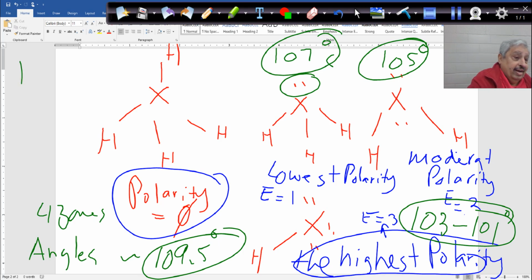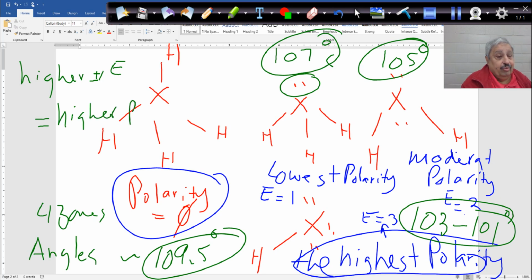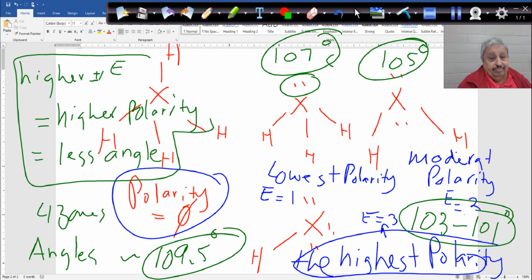So higher number of E equals higher polarity equals less angle. This is another brief summary of what we have. So everybody has this? Okay, good.